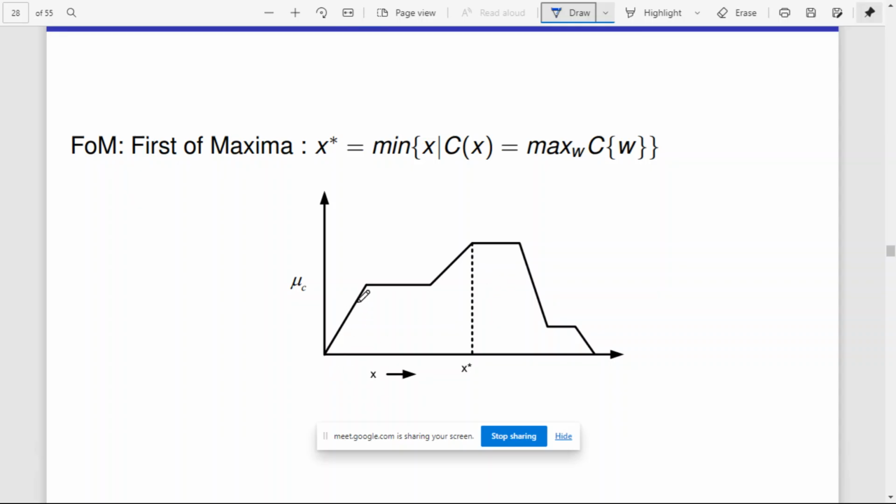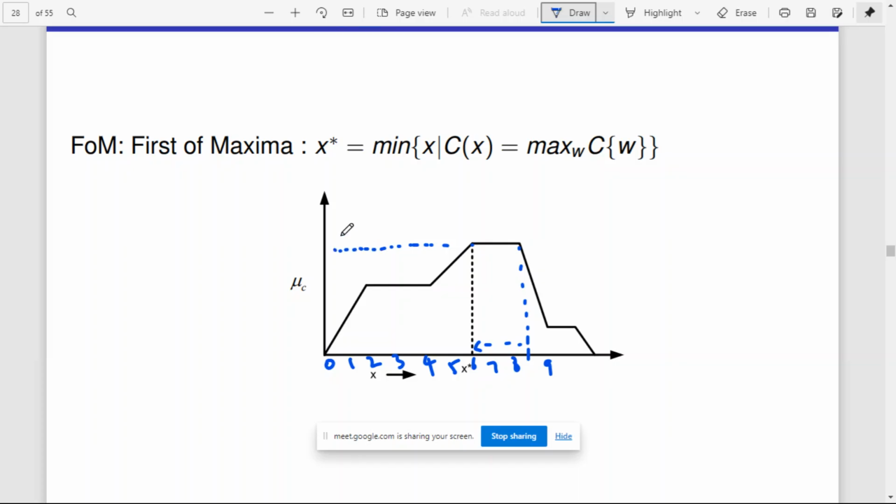Here a membership function is given like this. These are the different x values like 0, 1, 2, 3, 4, 5, 6, 7, 8, 9. For any value of x between 6 and 8, you are getting the highest membership value.